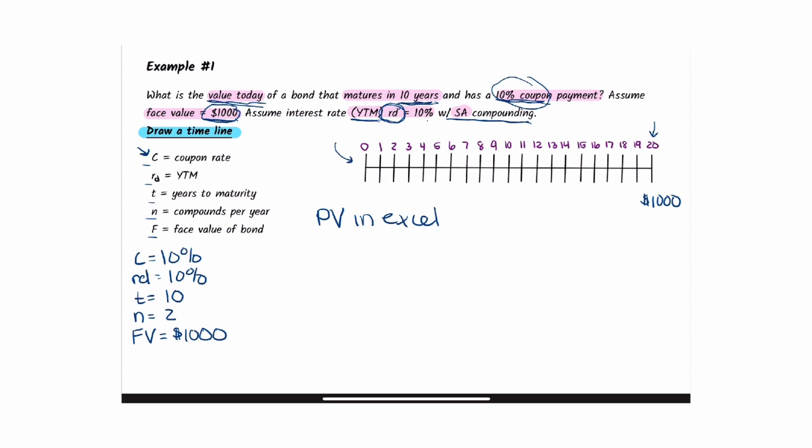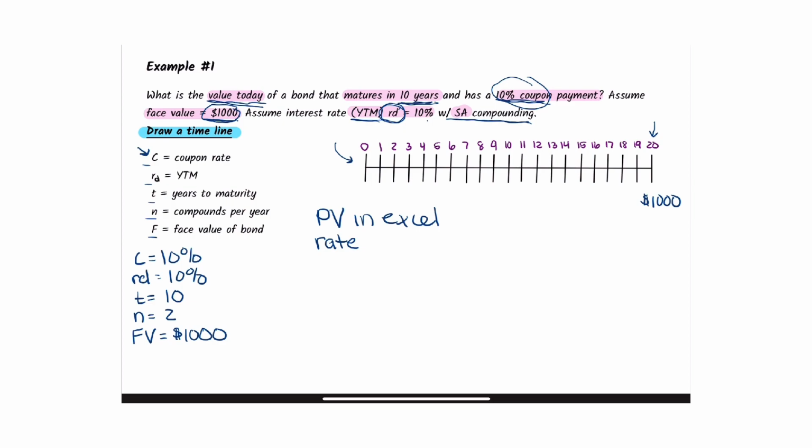So remember, we need to put in the rate. So in Excel, if you look at your function, the first one is rate. That is the coupon rate.